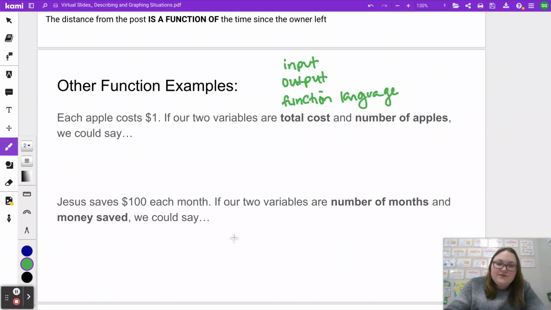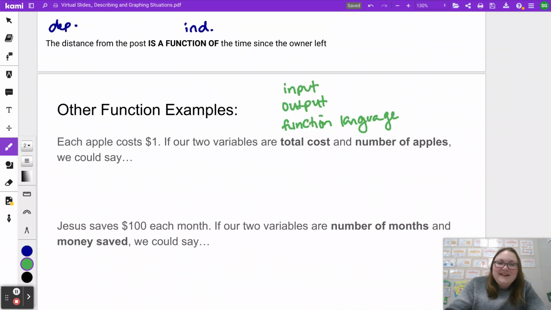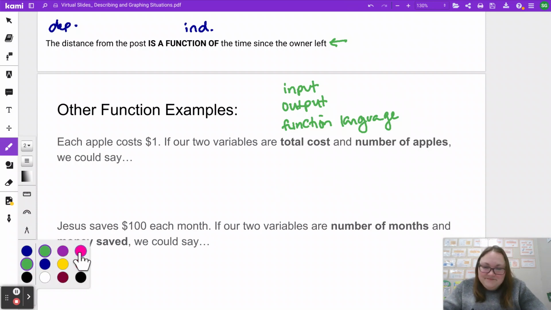So for these two stories here, identify the input, identify the output, and then write a sentence that looks something like this. That is going to be great preparation for the homework for this lesson and literally every single lesson that comes after it in this unit. Go ahead and pause the video now and try it yourself.